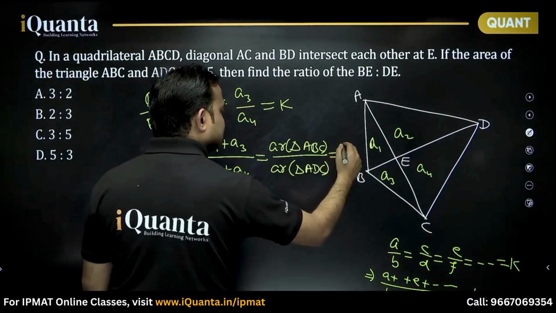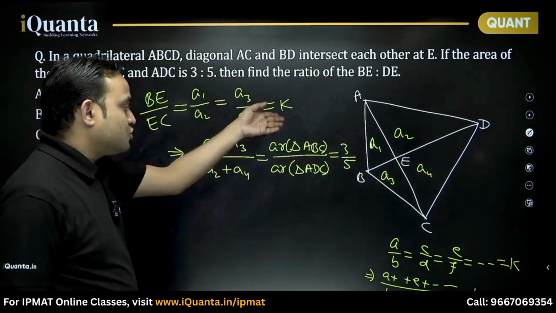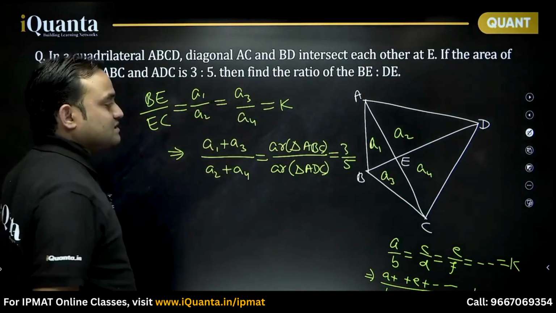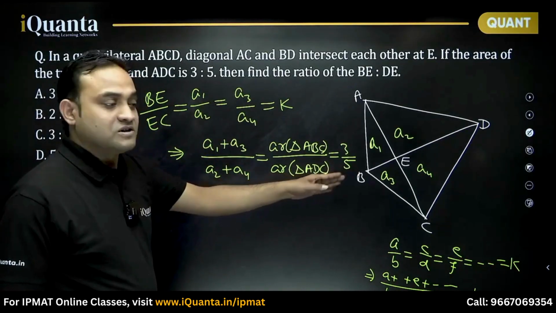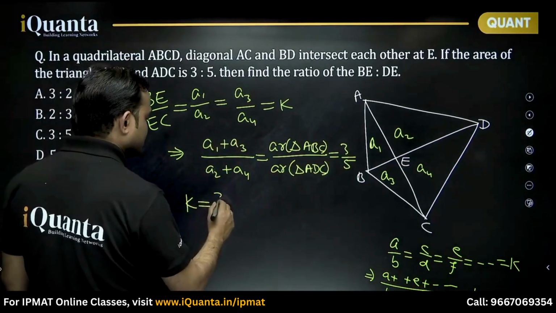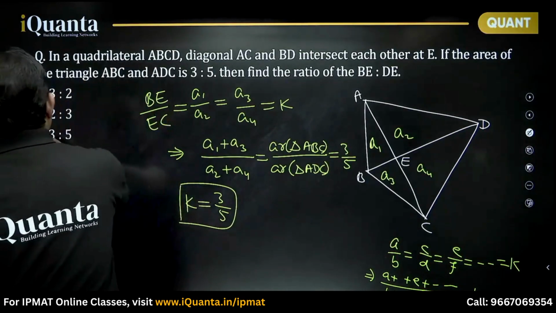This is given as 3 by 5. So this should be K, right? If this is K, adding the numerators and adding the denominators, we can say this will also be equal to K. So can we say that K is nothing but 3 by 5? And our answer is option C.